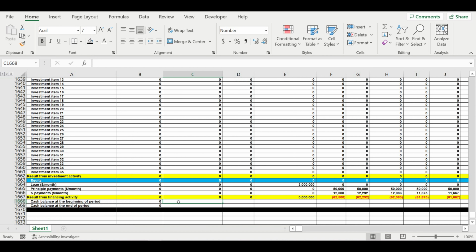Then we are moving to the second month. Press equals, take this value from here, then extrapolating this formula to the right.